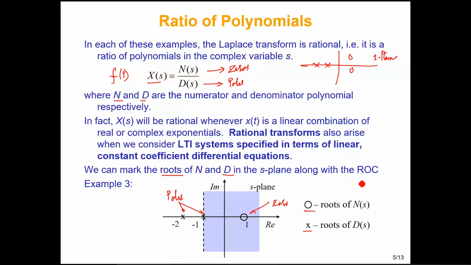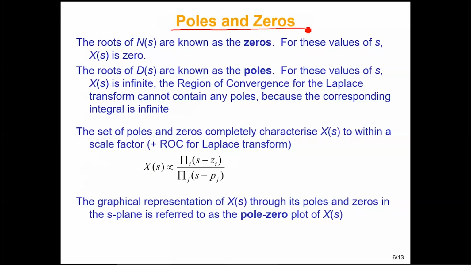These poles and zeros are very important, and as we have seen, poles define the region of convergence. The zeros, on the other hand, do not affect your region of convergence.